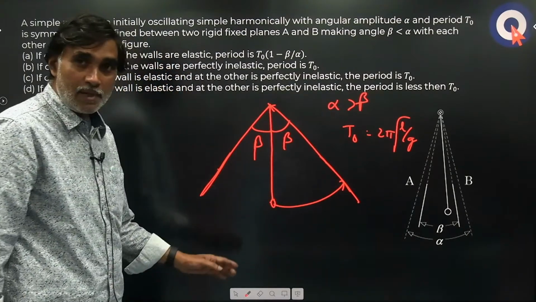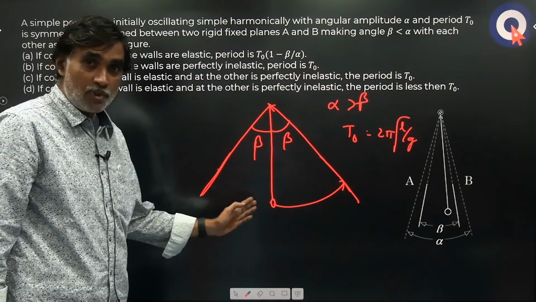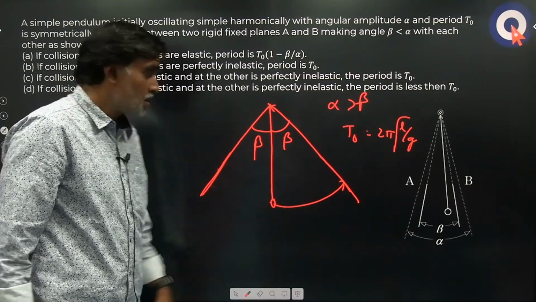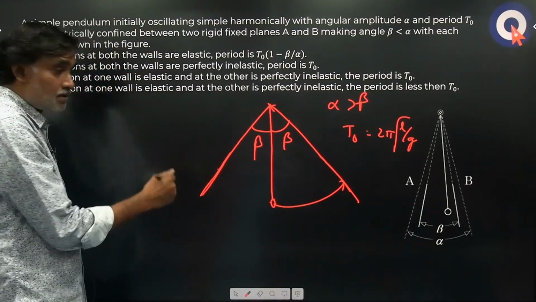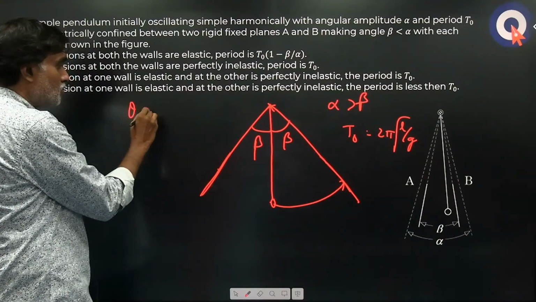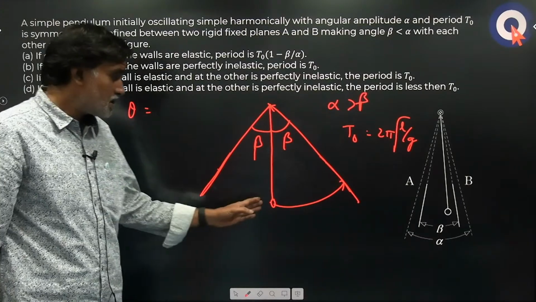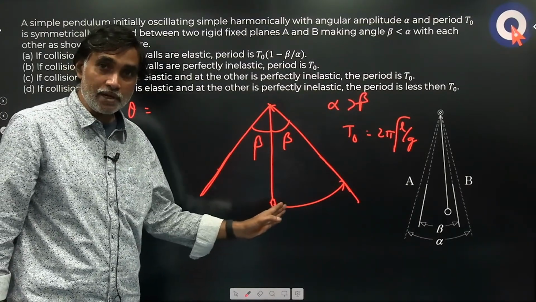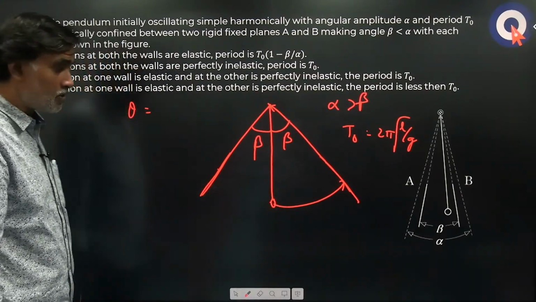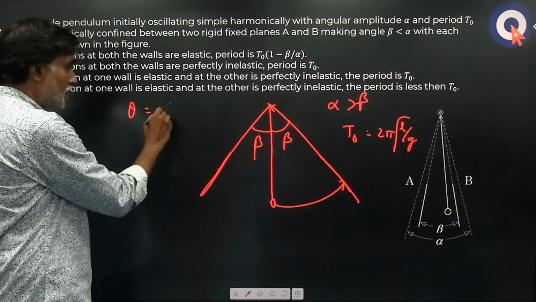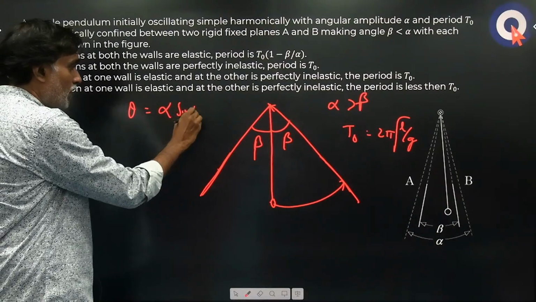So how do you find the time taken to displace by beta from the mean position? Then we use the angular SHM equation. What is angular SHM? Theta equal to theta naught sine (omega t plus phi). Once it starts from the mean position and goes towards the right, phi is 0. So theta equal to theta naught sine omega t. Theta naught means amplitude, that is alpha, sine omega t.